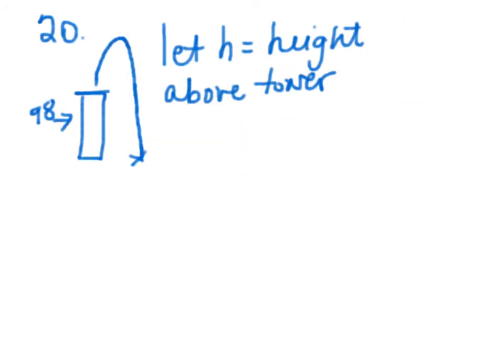For number 20, we're going to approach this slightly differently. The hint that the book gives you is if h is the height of the ball above the top of the tower, then h is equal to negative 98 when the ball hits the ground. Here's why.